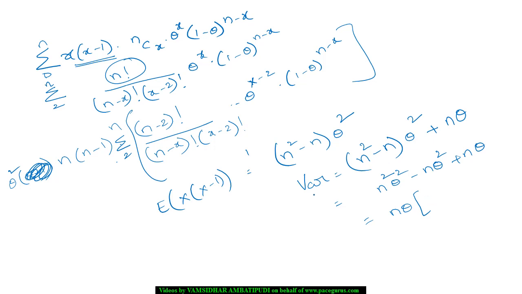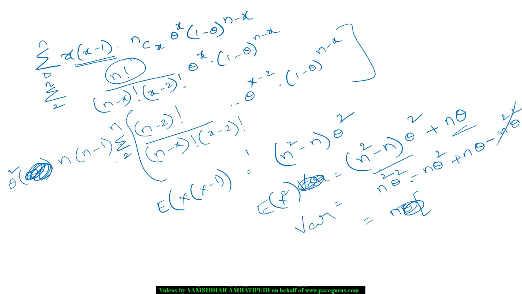So you are getting expected value of x squared is this one, sorry. This is expected value of x squared, which is expected value of x into (x minus 1) plus expected value of x, which is giving me expected value of x squared, minus I want expected value of x whole squared, which is n squared theta squared, to get my variance.